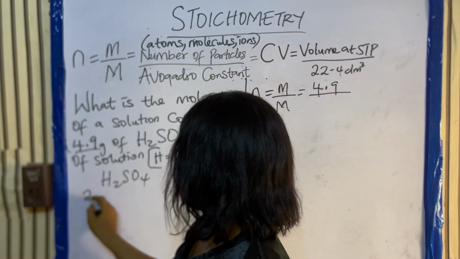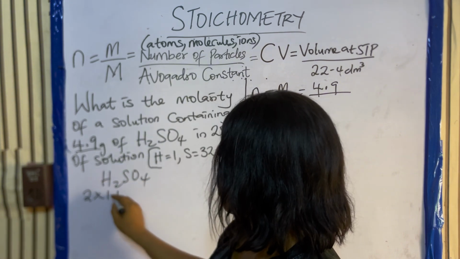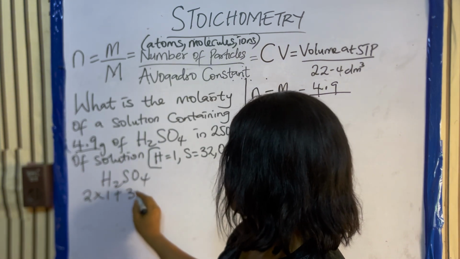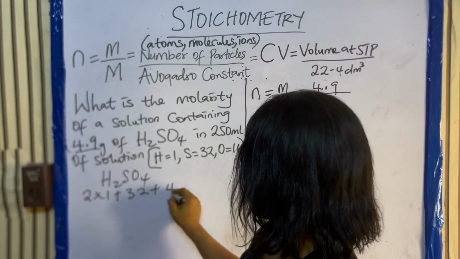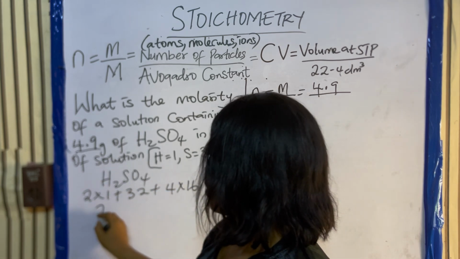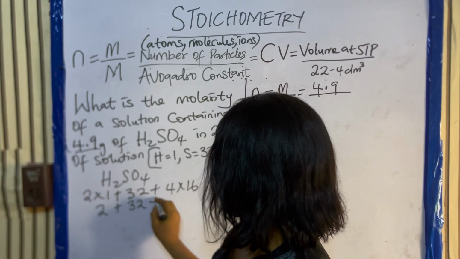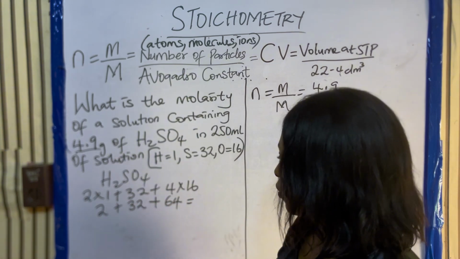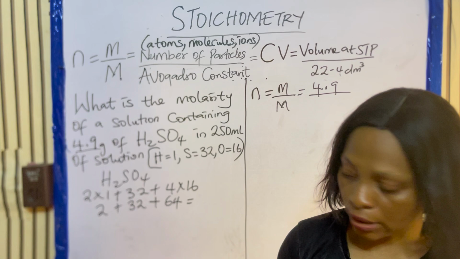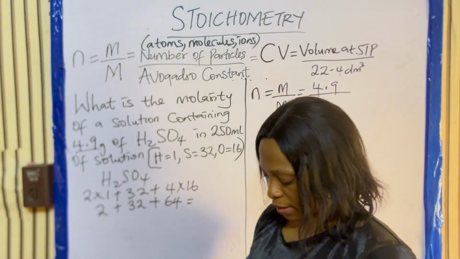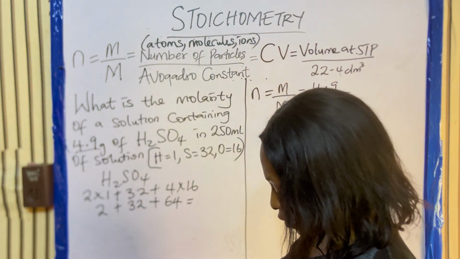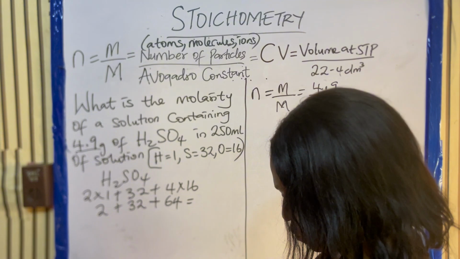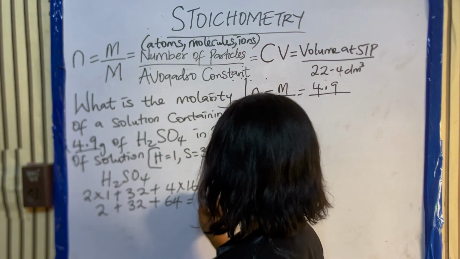This will be 2 times 1, plus sulfur is what? 32, plus oxygen is 4 times 16. So you have 2 plus 32 plus this times this, which will give us 64. So we're going to add up. 64 plus 32 plus 2 will give us 98.